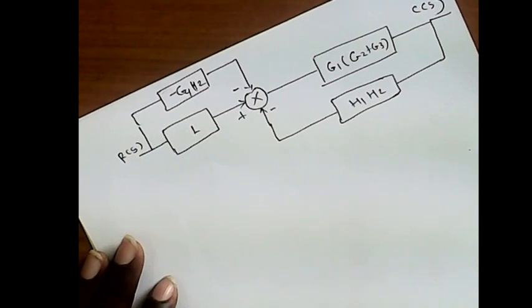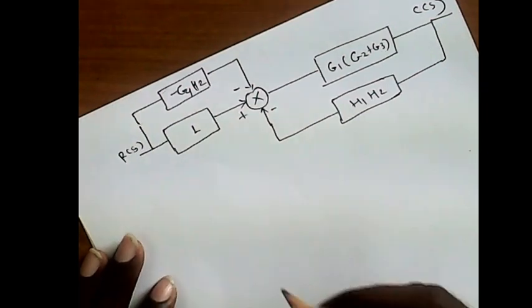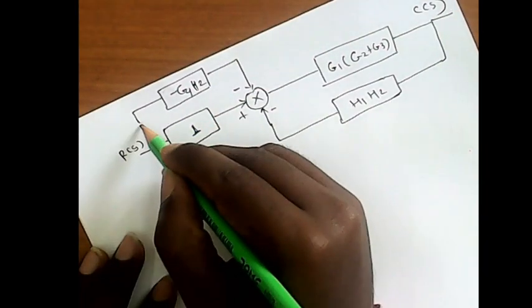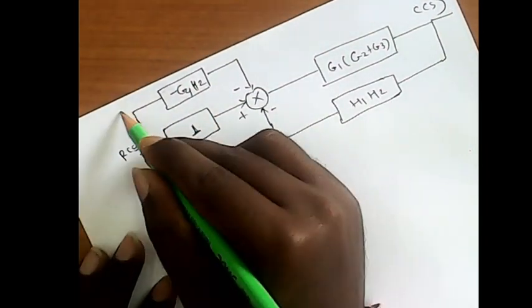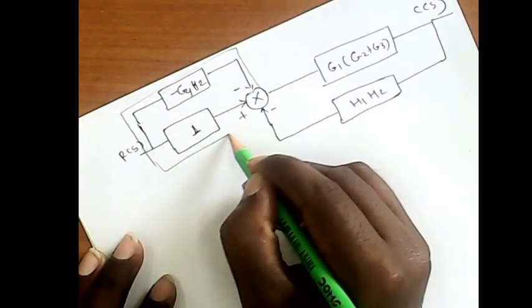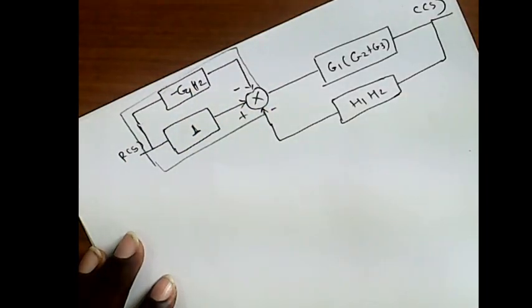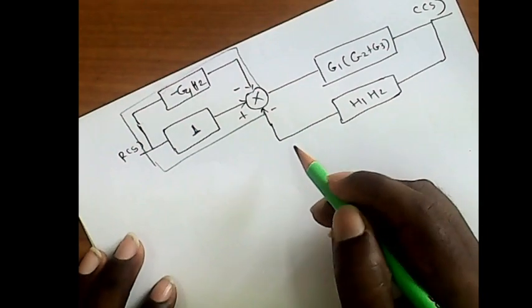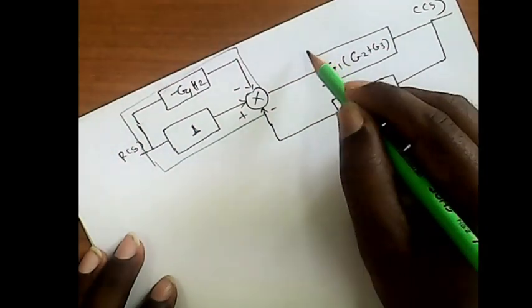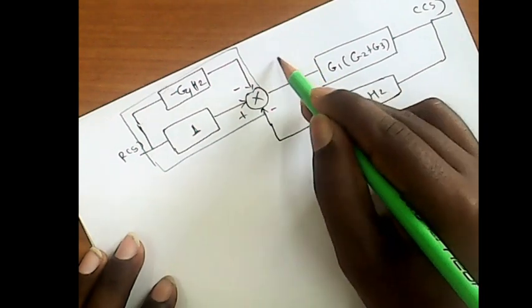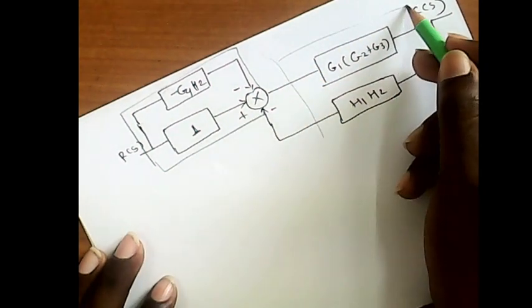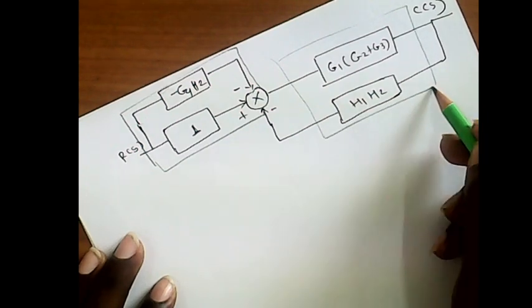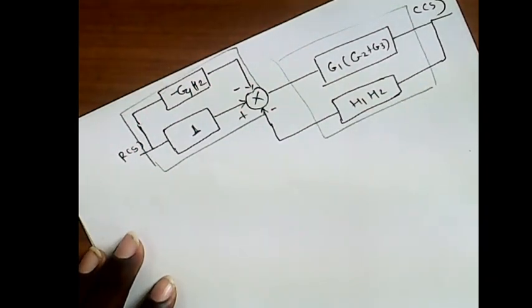Now if you observe the block 1 here, these are in parallel, so we can use the parallel rule number 3, and we can use the minor feedback rule here.